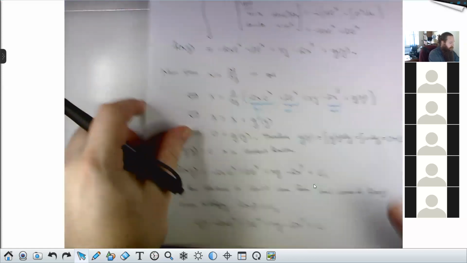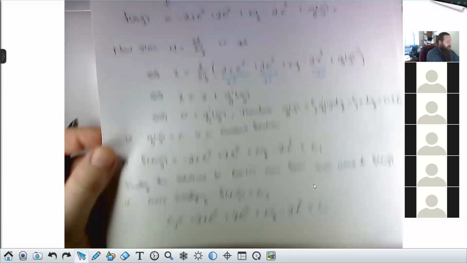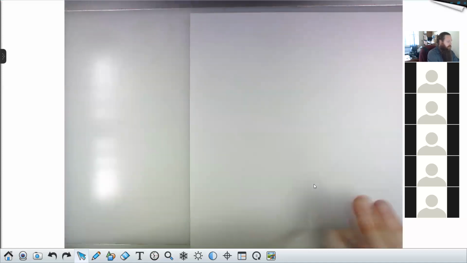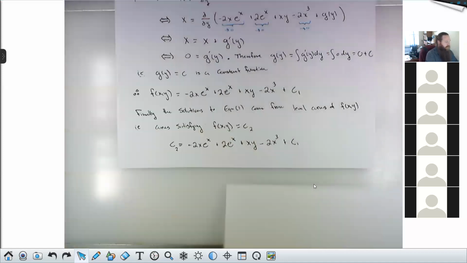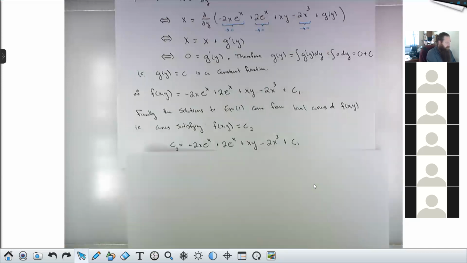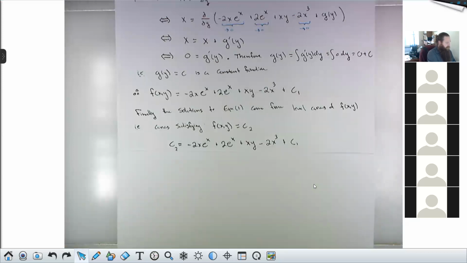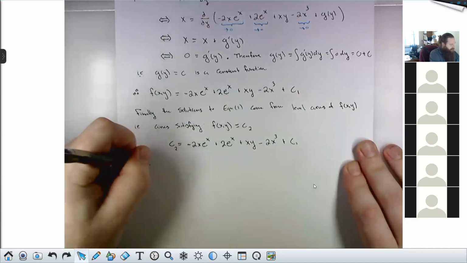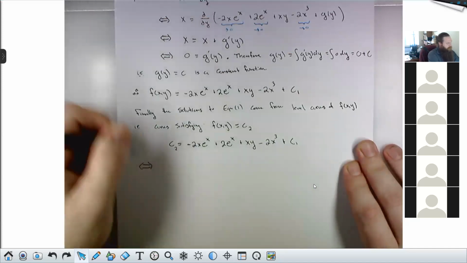It is a fact, and I'll tell you the reason why I had that hesitation, it is a fact that first order differential equations should only have in their solutions one free constant. These are first order ODEs. Exact equations are all first order ODEs.